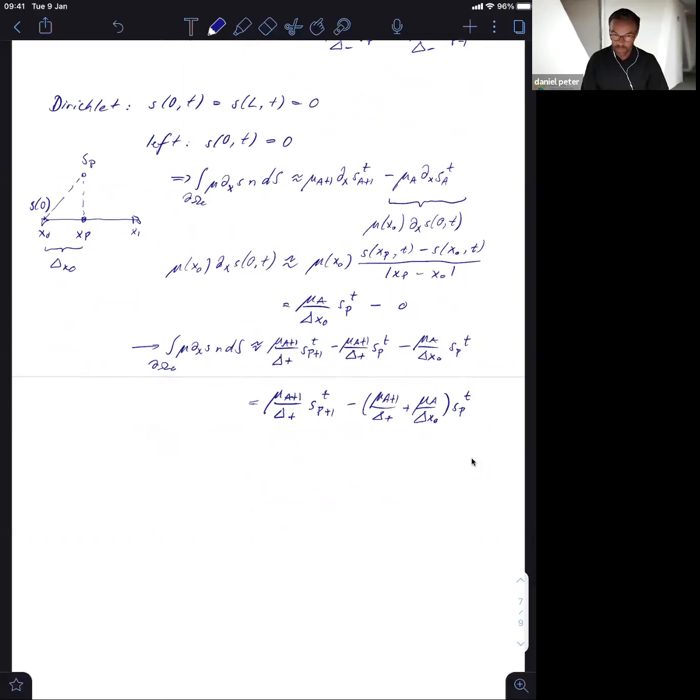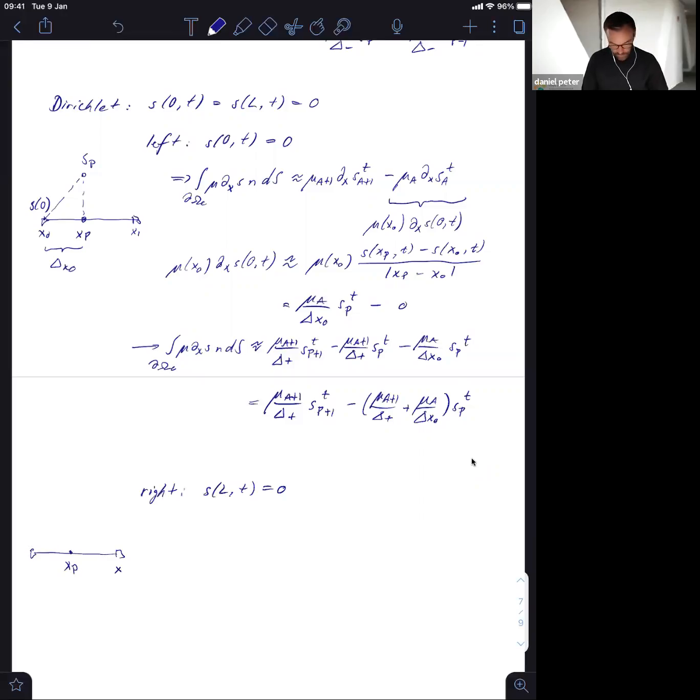Good. And so let's finish with the right side, where we have L, displacement imposed. So here again, similar approach.